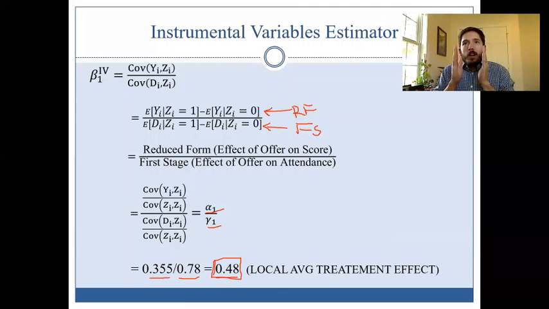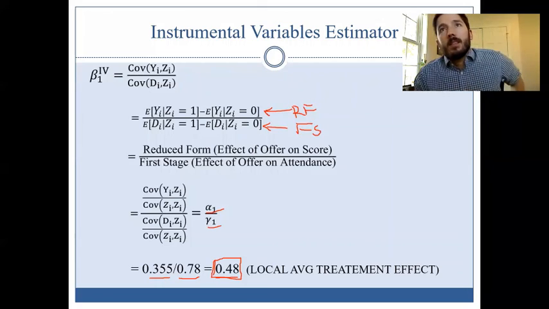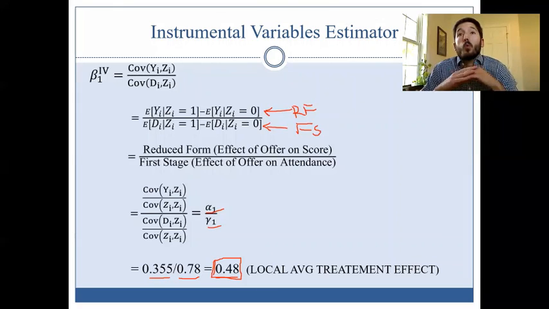We're getting the average treatment effect for people who are actually going to be affected by this instrument, because we're only looking at the variation in our treatment for the folks that are going to be impacted by this variation in the instrument. Like the people who weren't ever going to go to this charter school, they're not going to factor into the variation that we're using to estimate this, right?